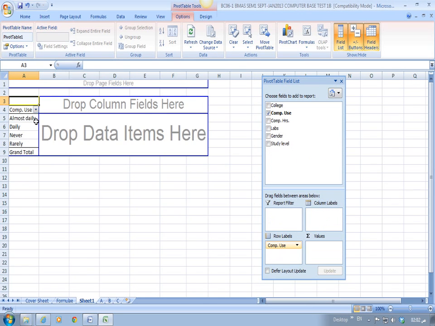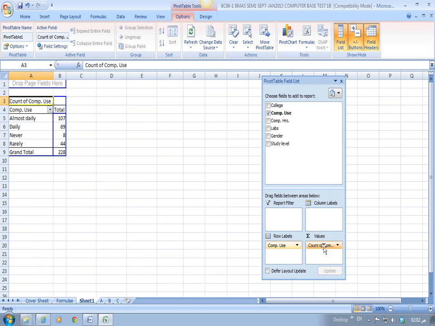So this one is the use of the computer. I want to see how many people said they use the computer almost daily, daily, never and rarely. So I want to count that. I will move this use of computer and put it here, and then it will give me the count.